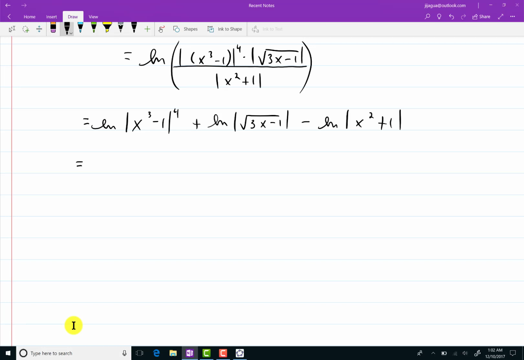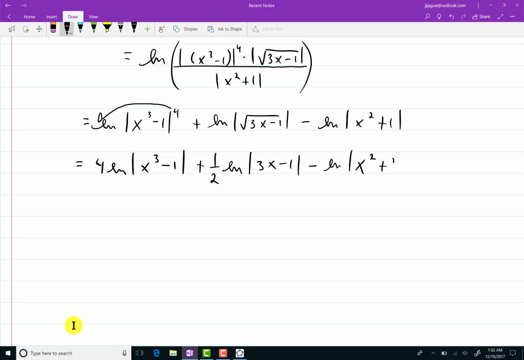I'm going to take that 4 up front. So I'm going to have 4 ln the absolute value of x cubed minus 1. The power radical is 1/2 power, so I'm going to get plus 1/2 ln absolute value of 3x minus 1 minus ln. There's no good way to break up x squared plus 1 in terms of real numbers, so I'm stuck with that one.